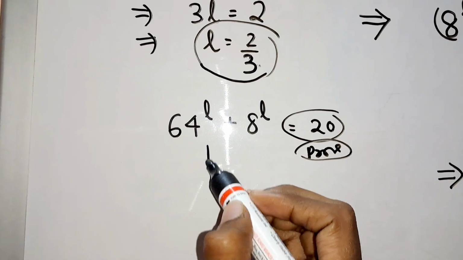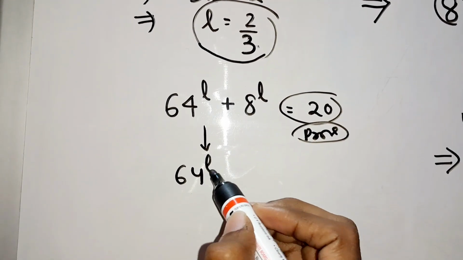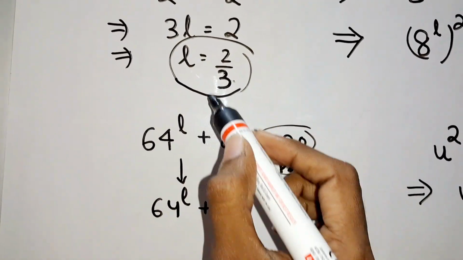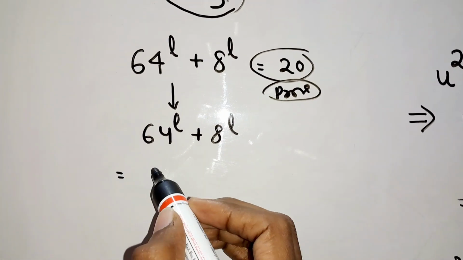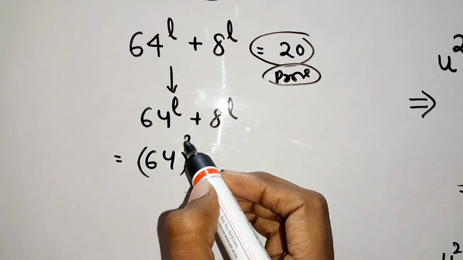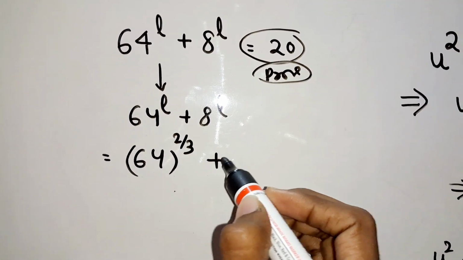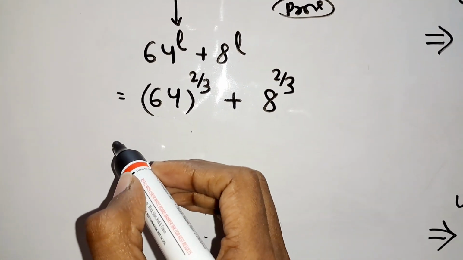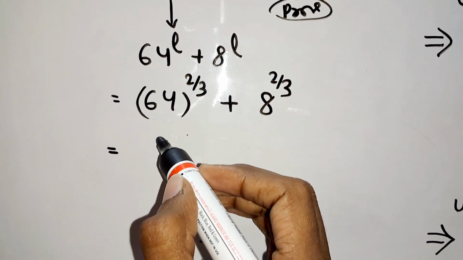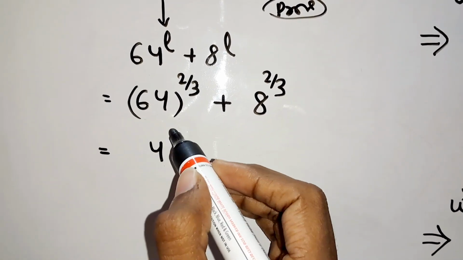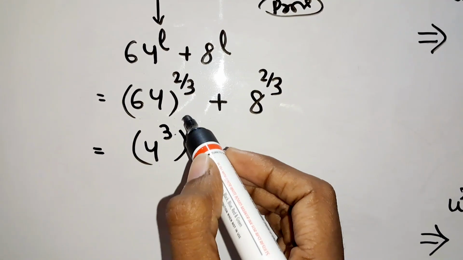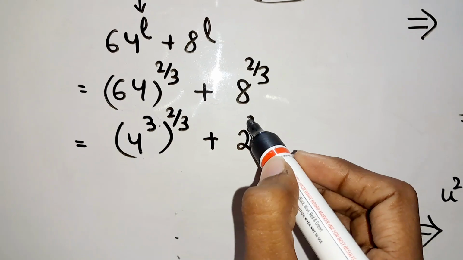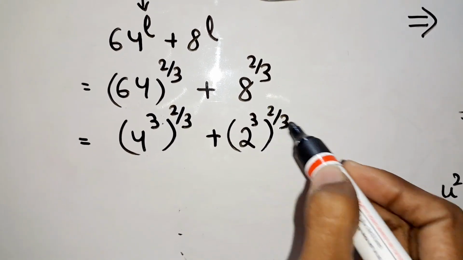So we take the LHS, 64^L + 8^L, and put L = 2/3. 64 is nothing but 4 cubed, since 4 times 4 is 16, and 4 times 16 is 64, so (4^3)^(2/3) plus 8, which is 2 cubed, (2^3)^(2/3).